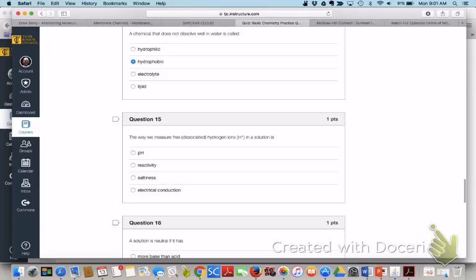Question 15, the way we measure free or dissociated hydrogen ions in a solution, that is what? pH. That's pH. And that gets confusing to people sometimes. So if you have questions about how pH is measured, now would be a good time to ask. Anybody? Why is pH 7 neutral?